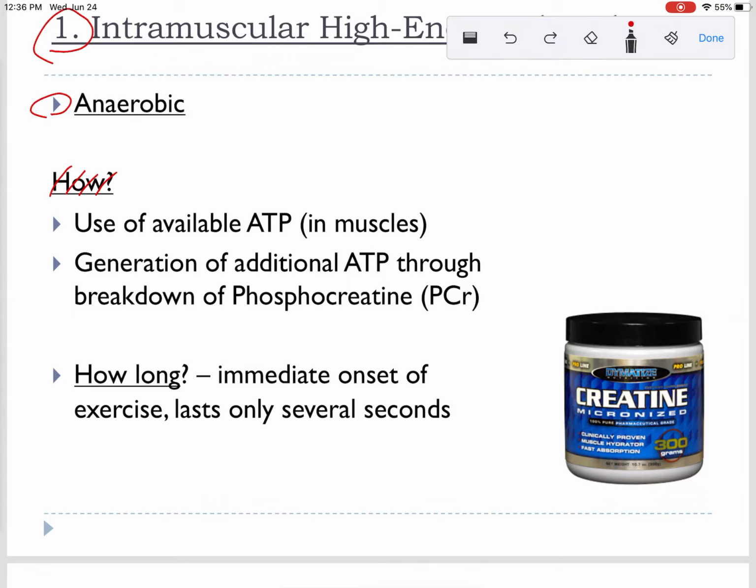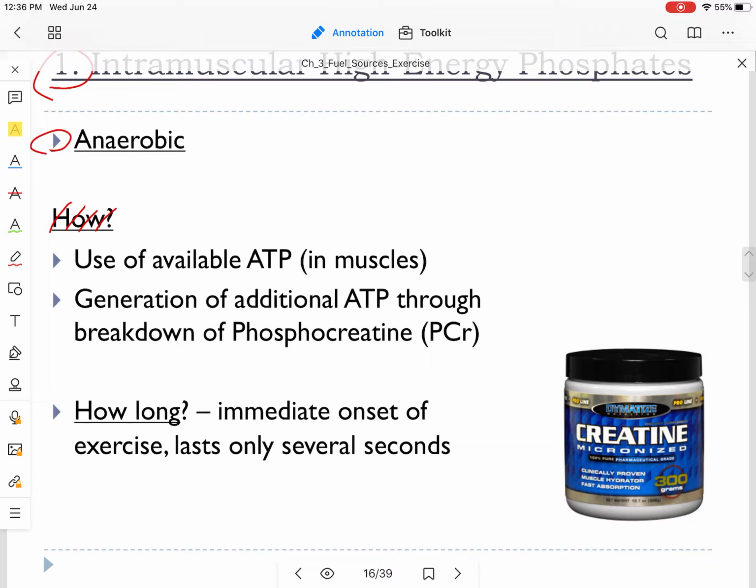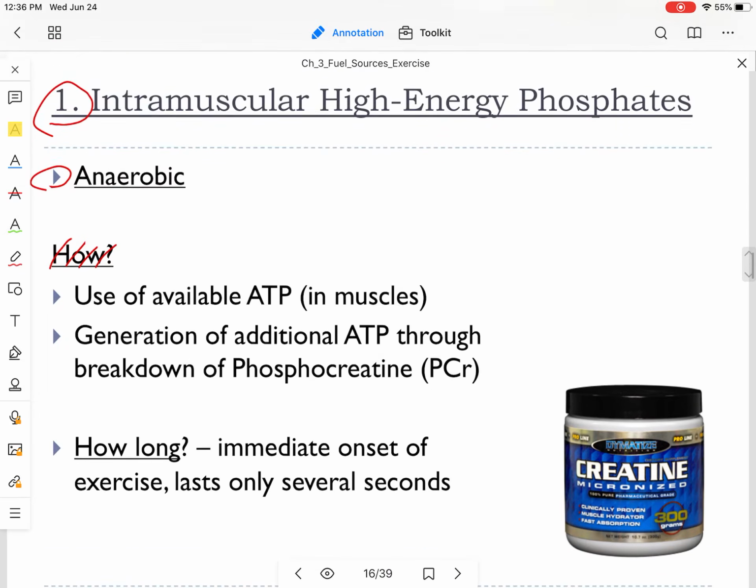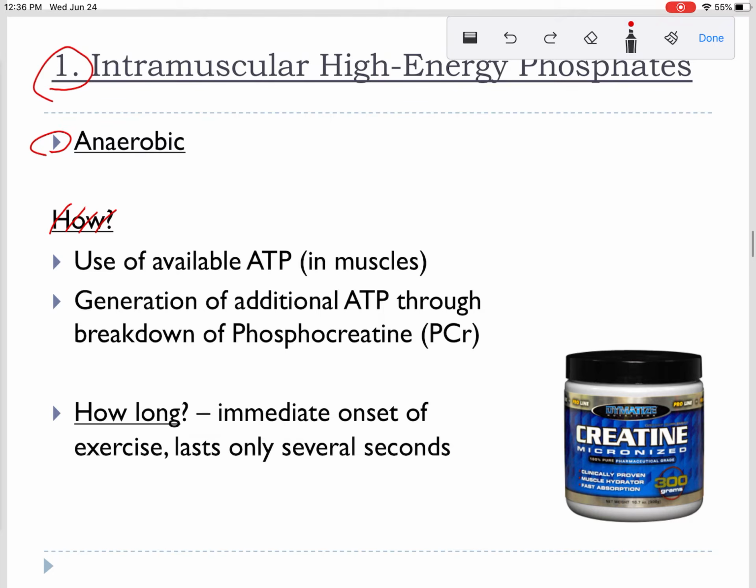What I do want to point out, though, is that this first series of chemical reactions, the intramuscular high-energy phosphates, requires the use of something in our body called phosphocreatine. So be able to pair those together.